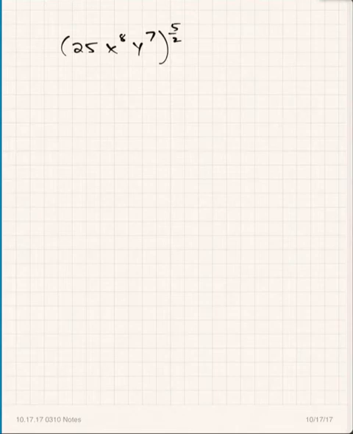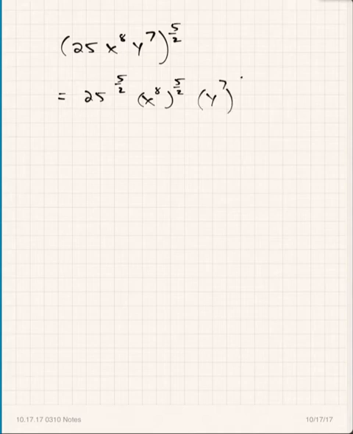So we have another fractional exponent stuck in there somewhere. All right, so what is this? This is 25 to the 5/2. You're raising each factor individually to the 5/2. So this is x to the 8th to the 5/2, and then y to the 7th to the 5/2.